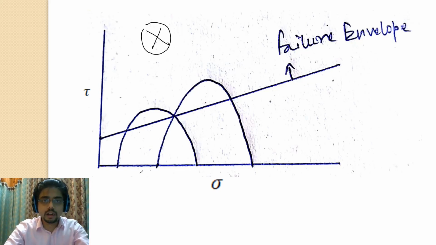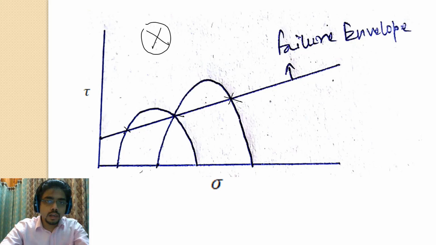Why? Because what does failure envelope mean? It means that when the failure envelope touches the Mohr circle, at these particular points it will be having the failure shear stress. That means soil cannot take a shear stress which is more than this.